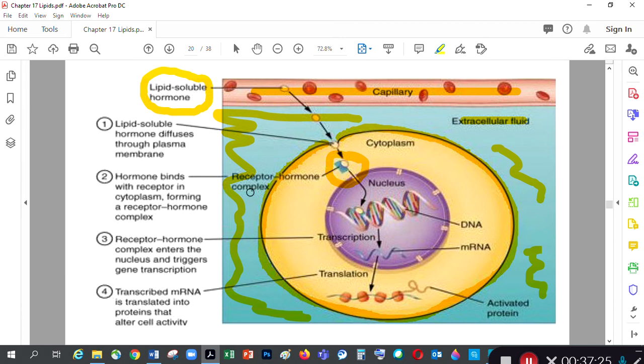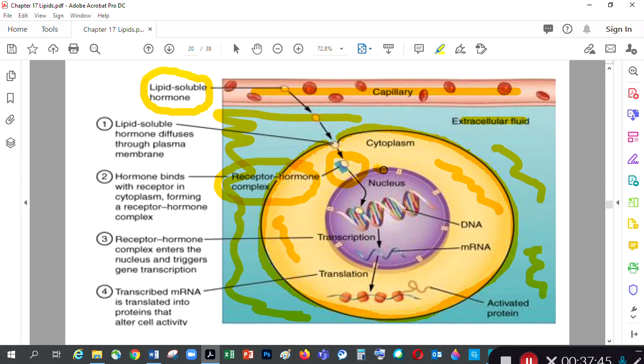This complex is called the receptor hormone complex. It enters the plasma membrane, through the cytoplasm here. This is all the cytoplasm outside the nucleus, and this is the nucleus, correct?